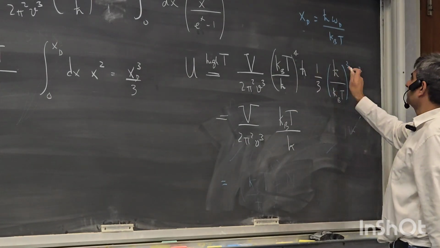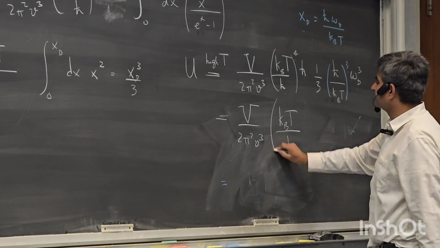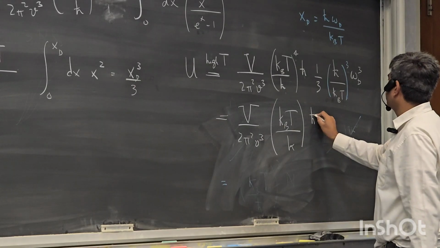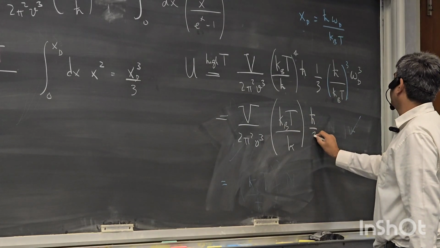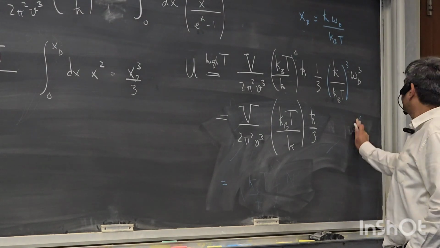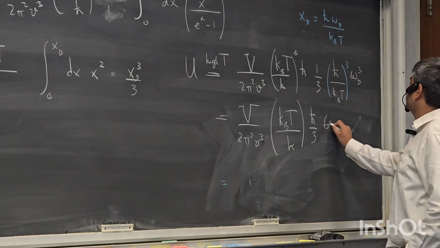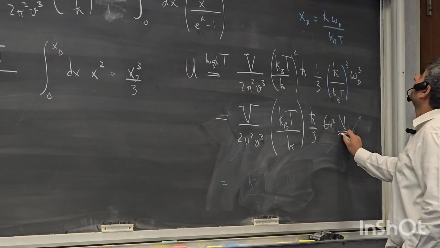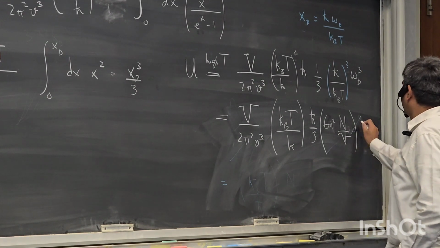This is raised to power 4, this is raised to power cube, this is the reciprocal, so just power 1, h bar over 3, and then I have omega d cube, which is 6 pi square n over V v cube.